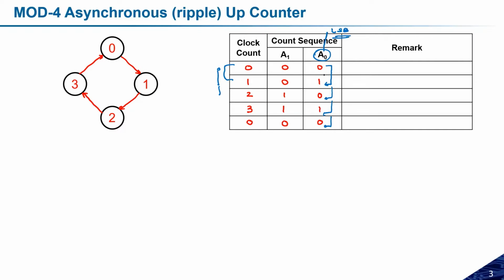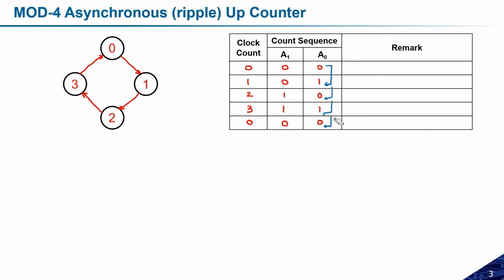If the bit changes after each interval, then we can call this the LSB. Similarly, if you see here, for two clocks it was 0, 0, then 1, 1, then 0, 0. So we can call it the MSB because I have only 2 bits. So A1 is the MSB and A0 is the LSB. Okay, so this point may be clear to you.